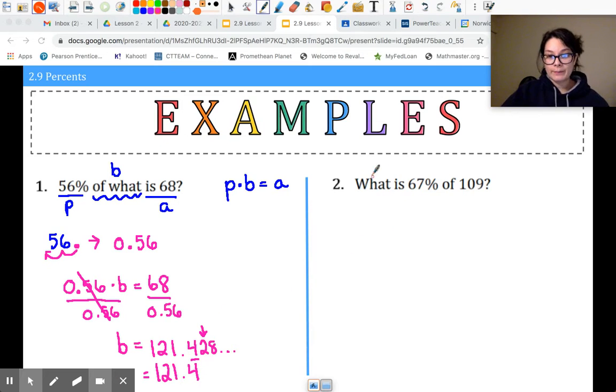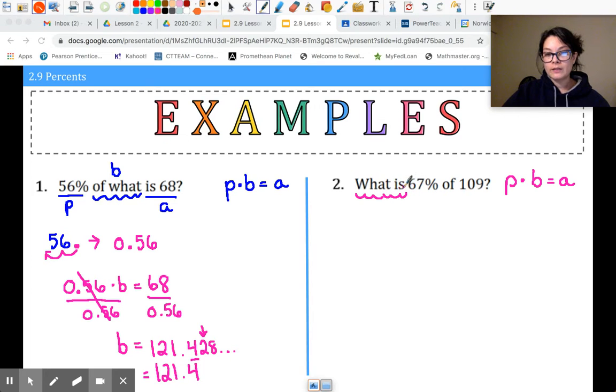Let's do another example. What is 67% of 109? So again, I'm just going to start by writing my formula. Percent times base equals part. So P times B equals A. And I'm going to go back to the question to determine what do I know and what do I not know. What is? This is the part that I'm being asked to solve for.